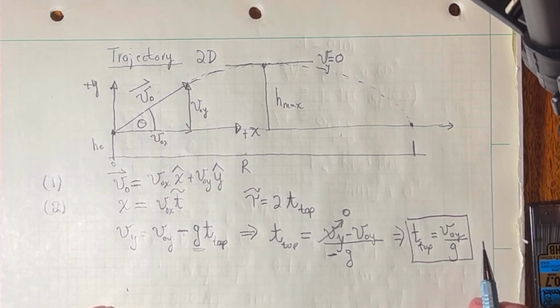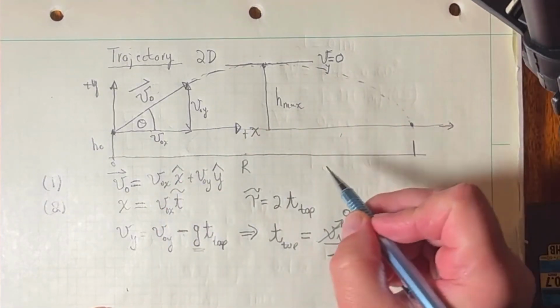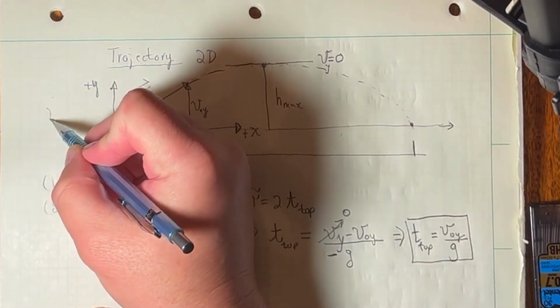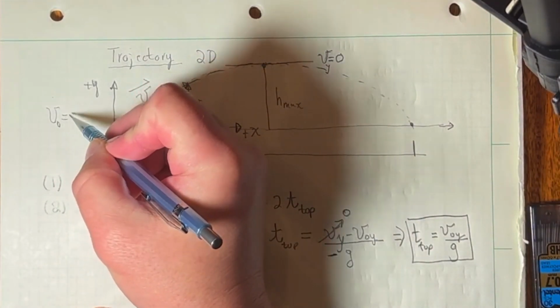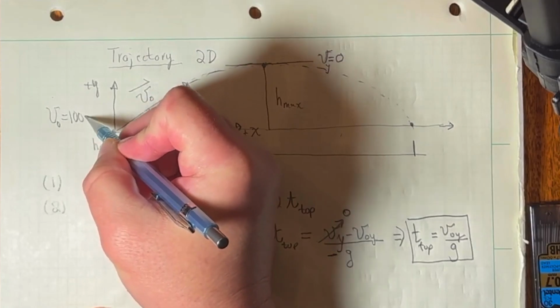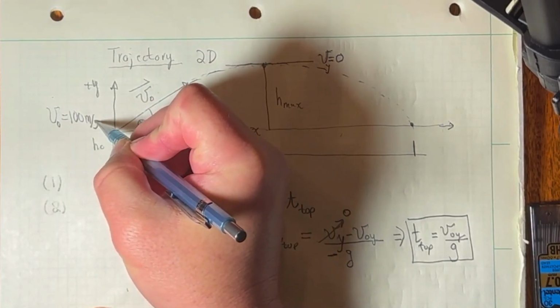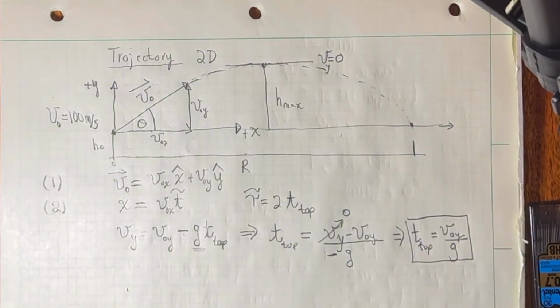Let me put some initial values here. Let V naught be equal to 100 meters per second. It's about 300 and something feet per second. That is a high performance bow initial velocity for an arrow that weighs approximately 100 grams, or 0.1 kilograms.